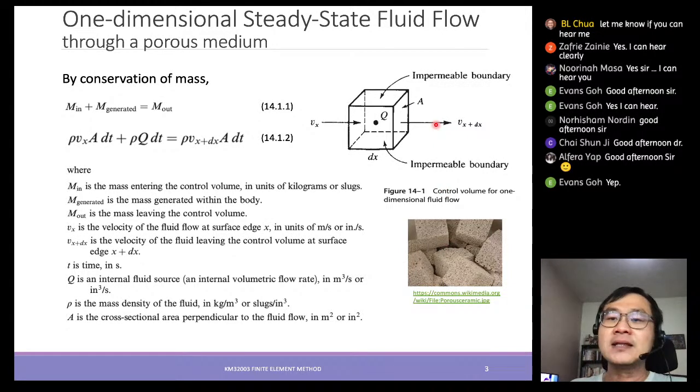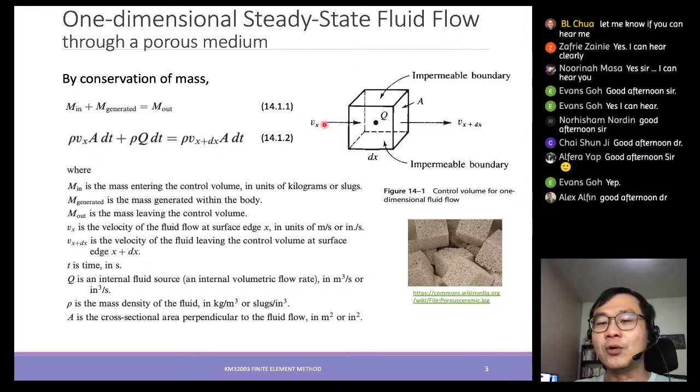Since this is a one-dimensional problem, we may set up the problem such that the flow of the fluid will only go in one direction, from one point going into the system that we intend to solve and then going out. That is the fundamental theory that you have learned in fluid mechanics. I believe you also have learned this before.